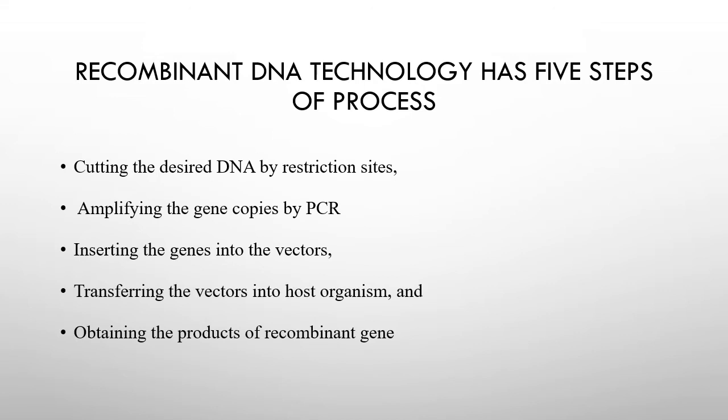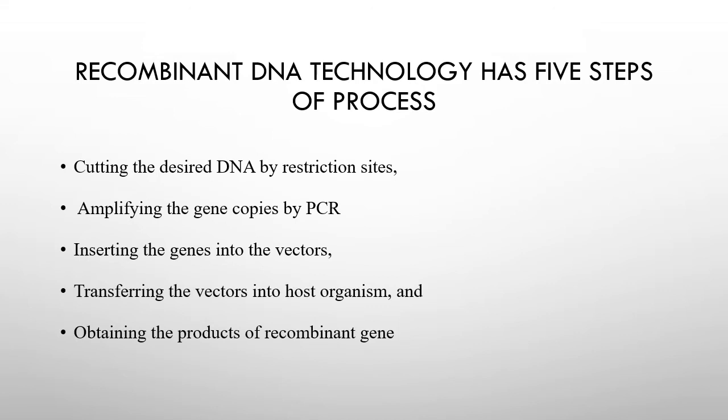The third step is inserting the genes into the vectors. What are vectors? Basically, vectors are used for insertion of genes. We'll talk about them in detail in further slides. Then the fourth step is transferring the vectors into the host organisms, and how these vectors are transferred into the host organism, and how we can obtain the products of the recombinant gene.